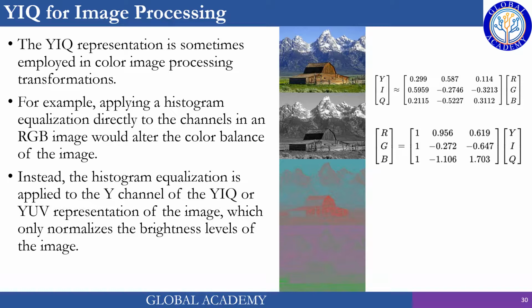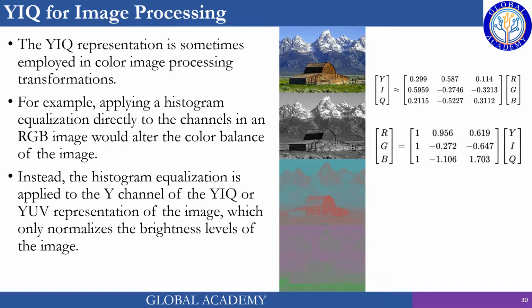The YIQ scheme is best for image processing. Say for example, if you apply histogram equalization directly to the RGB color space, there is a huge chance that all the color balance will be altered or mixed.